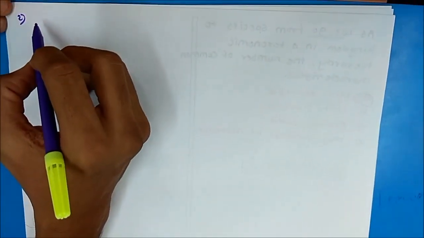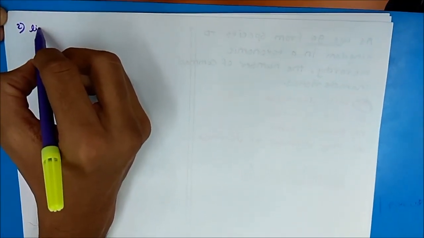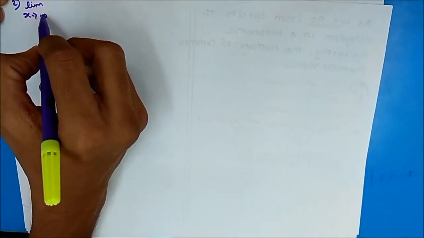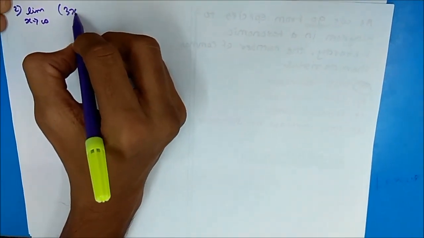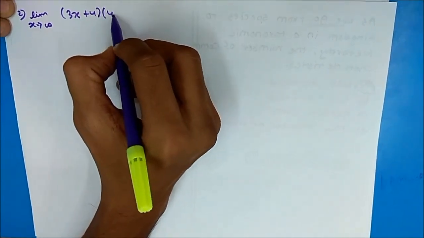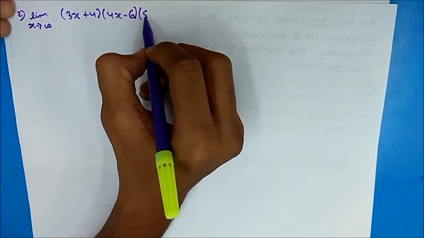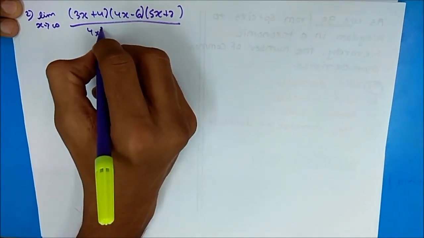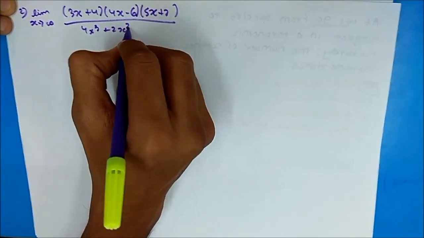So we'll take the second sum. Limit x tends to infinity (3x plus 4)(4x minus 6)(5x plus 2) upon (4x cube plus 2x square minus 1).